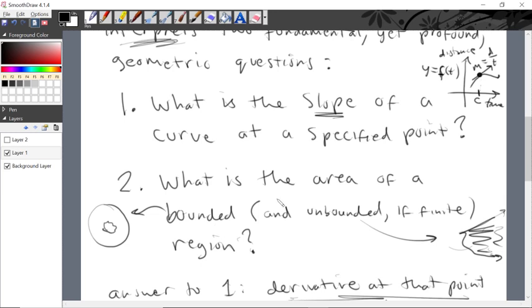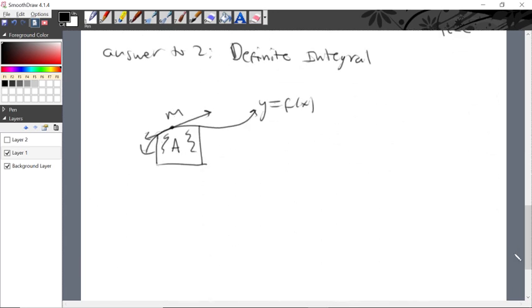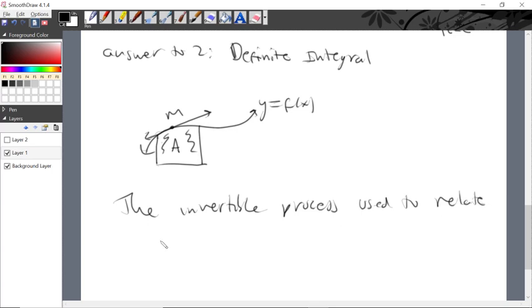So the process we use in order to find an integral, if it exists, would be by locating, if we can find it, an antiderivative. So the invertible process which is used to relate derivatives to integrals, if they exist, is called differentiation.